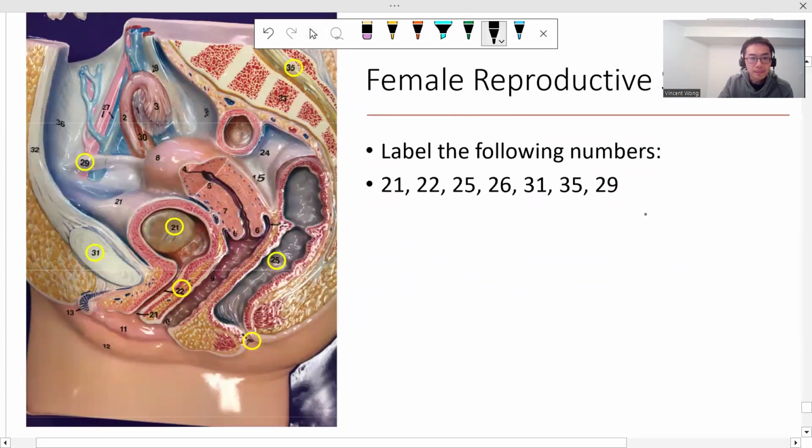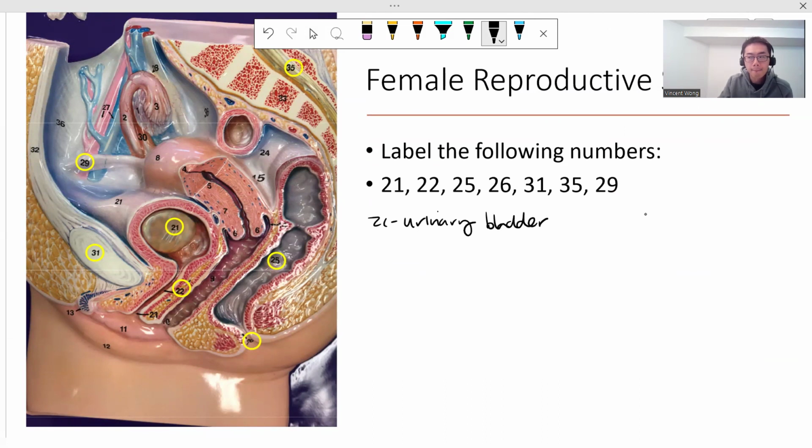Okay, 21, right here. That's the urinary bladder. 22 is the urethra.